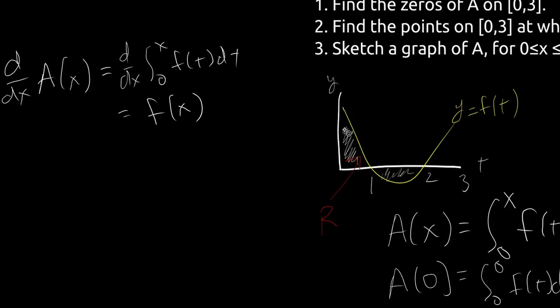And we can look at the graph to decide when f is positive. It's positive when its graph is above the t-axis. So this tells us A is increasing, the upward arrow means increasing, whenever the graph of f is above the t-axis. So between 0 and 1, and later between 2 and 3.